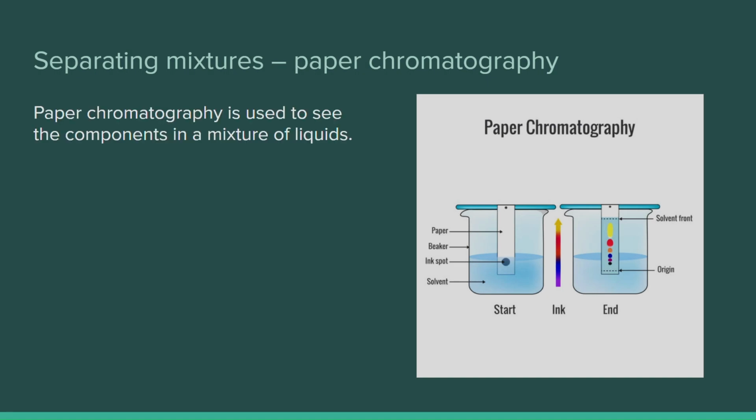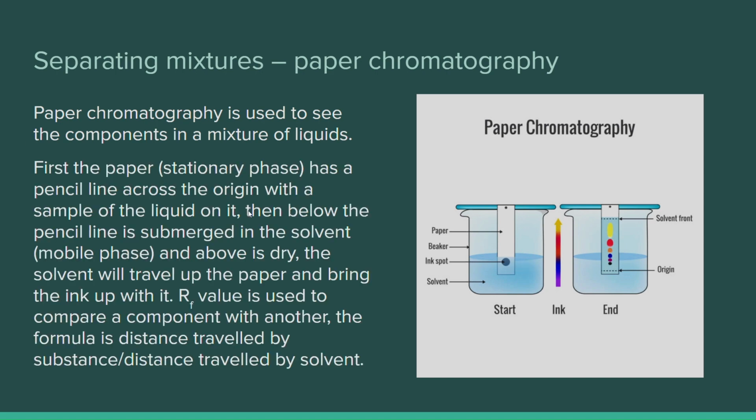There's also paper chromatography, which is used to see the components in a mixture of liquids, like in ink usually. The paper, which is a stationary phase, because that's the one that doesn't move, has a pencil line across the origin over here. It has to be in pencil, because if it's in pen, then that's soluble in water.